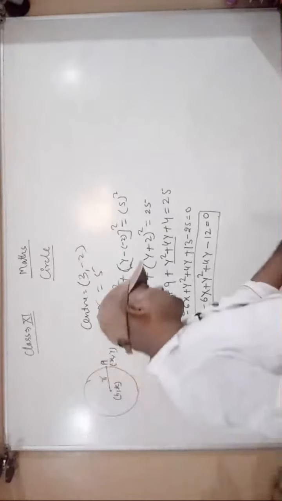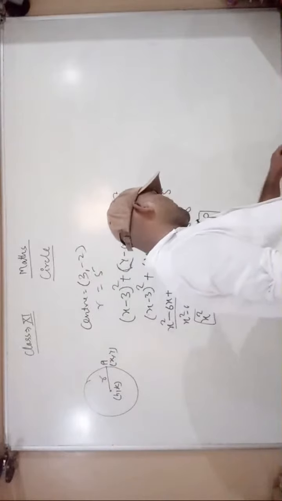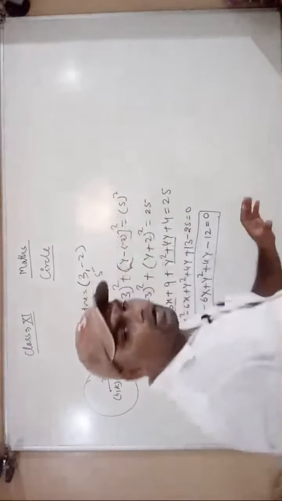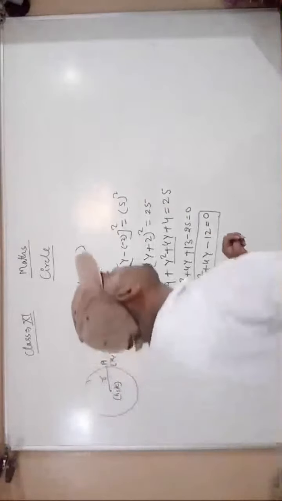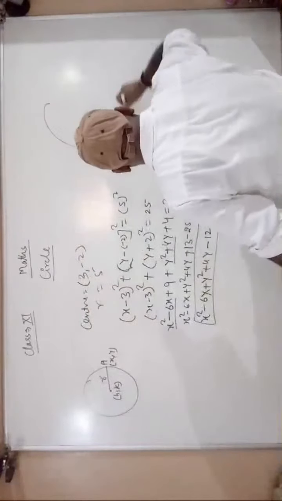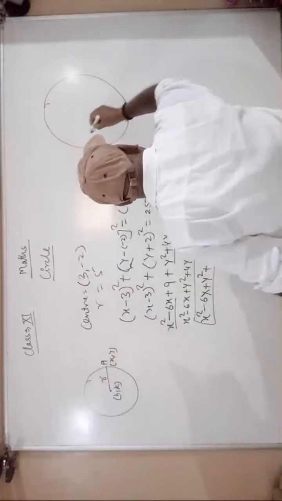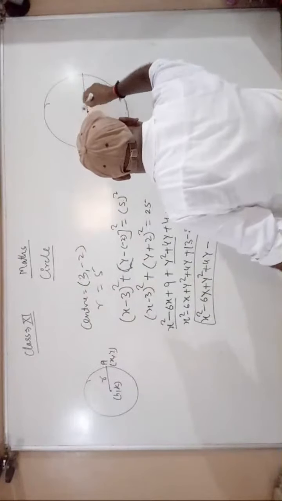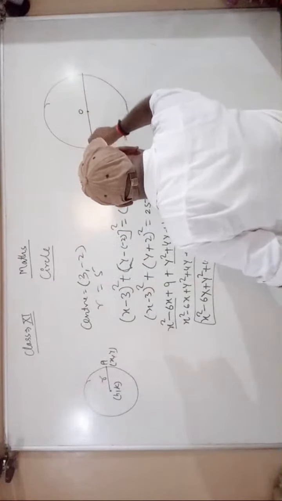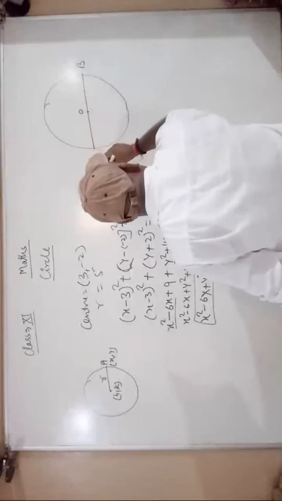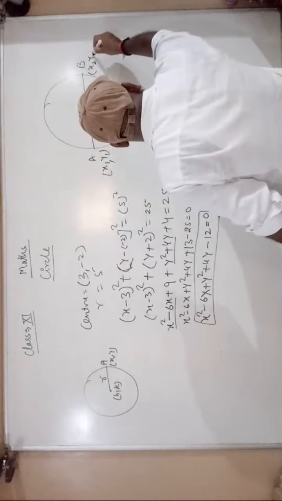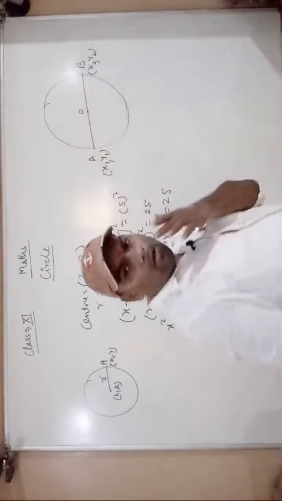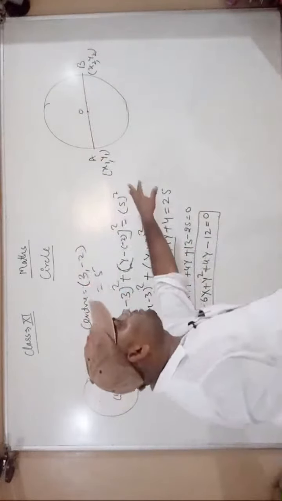Now let us see how we can find the equation of a circle whose end points of diameter are given. Suppose this is the circle with center, and A and B are the end points of the diameter, whose coordinates are x1, y1 and x2, y2. How can we find the equation of this circle?